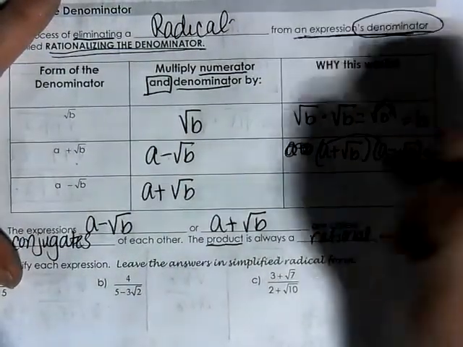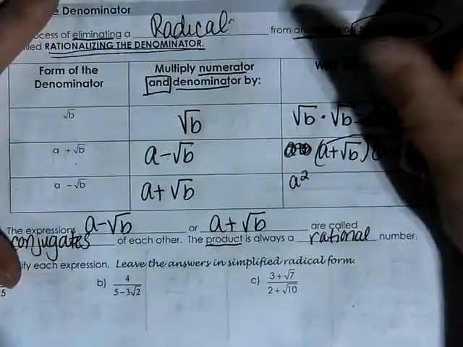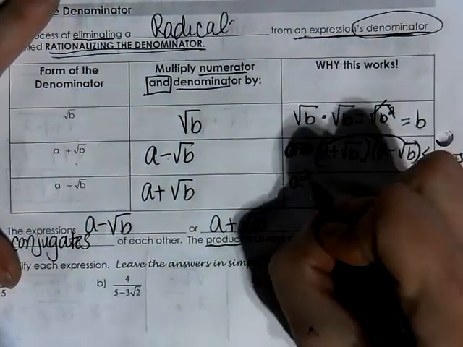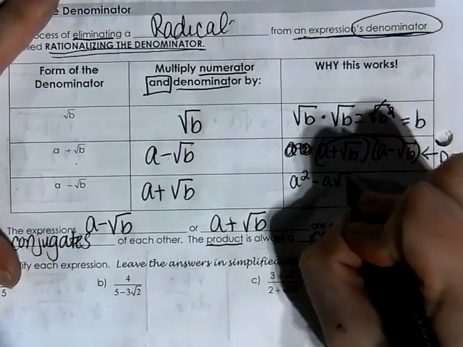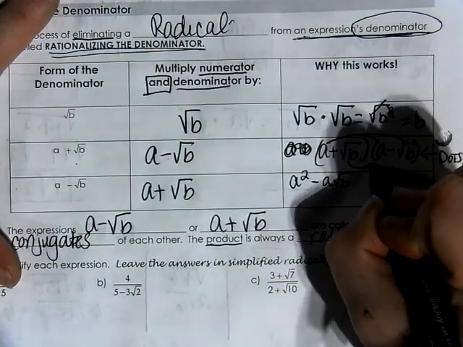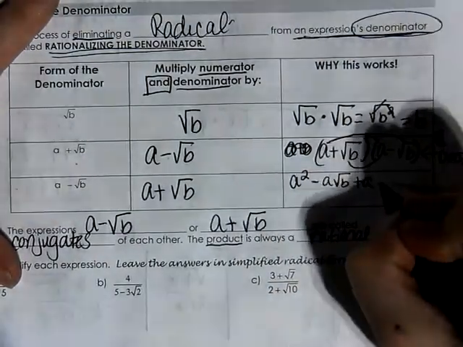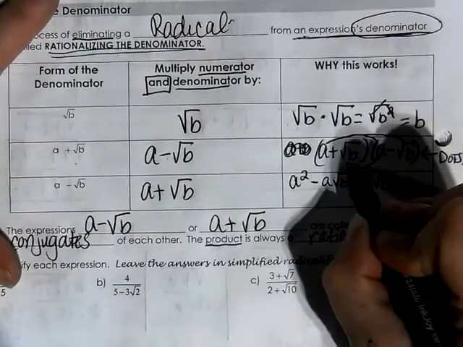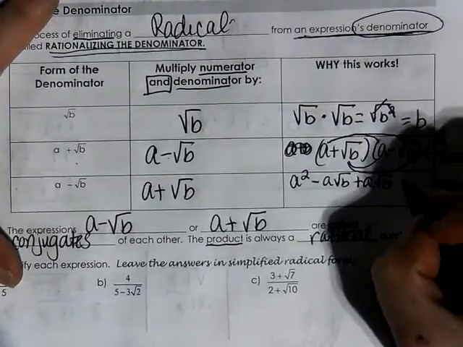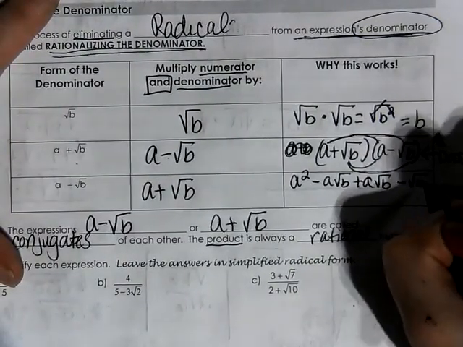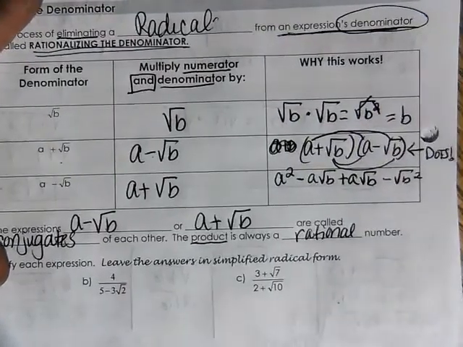I'm going to FOIL. A times a gives me a squared. A times minus the square root of b is minus a times the square root of b. The square root of b times a is plus a times the square root of b. And the square root of b times minus the square root of b is minus the square root of b squared.